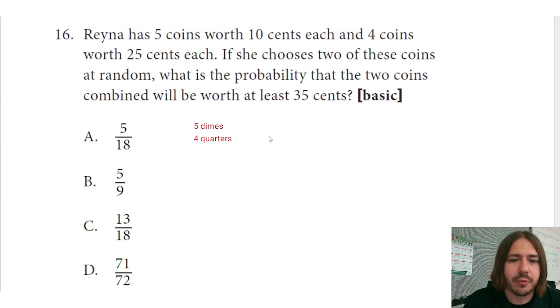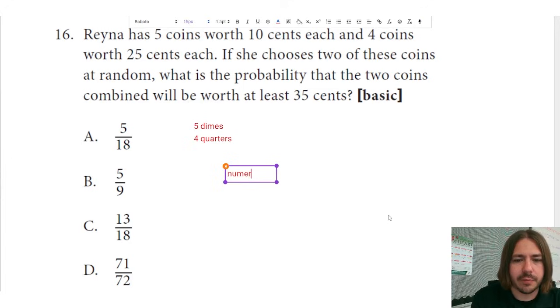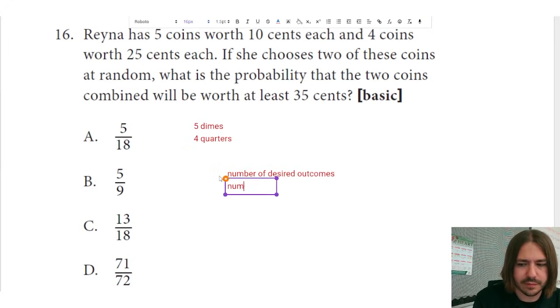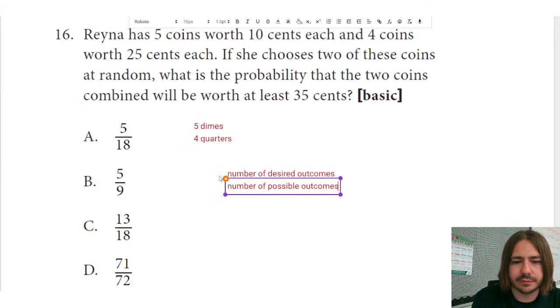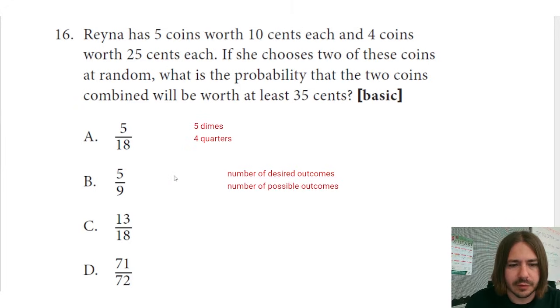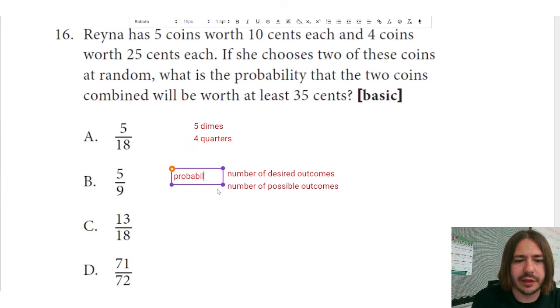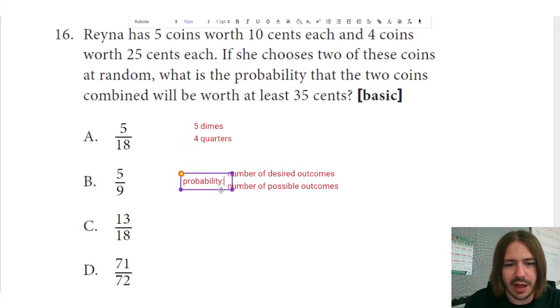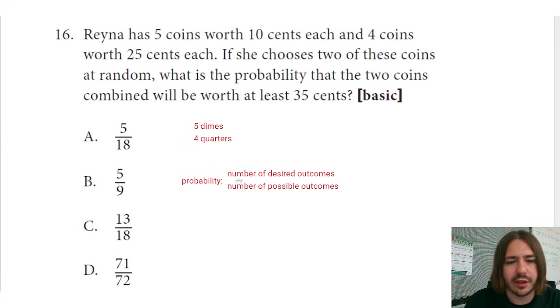Okay, so the probability is calculated by computing the number of desired outcomes divided by the number of possible outcomes. This is how you calculate probability in general, just a simple probability. How many options will give you what you're looking for divided by how many total options are there.